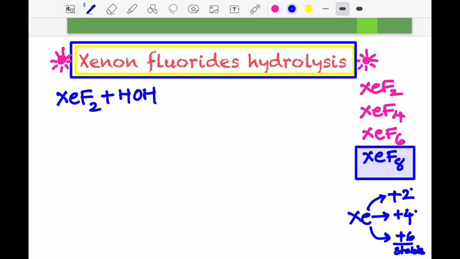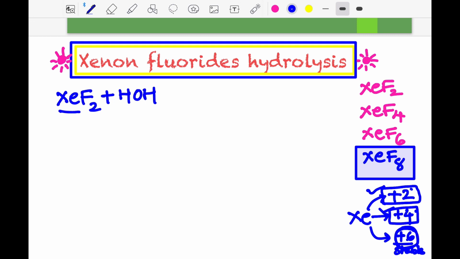But whenever xenon is present in +2 state, it tends to decompose, whereas when it is present in +4 oxidation state, it undergoes disproportionation. And the +6 oxidation number is considered to be stable. So keeping these things in mind, we'll proceed with the hydrolysis here.